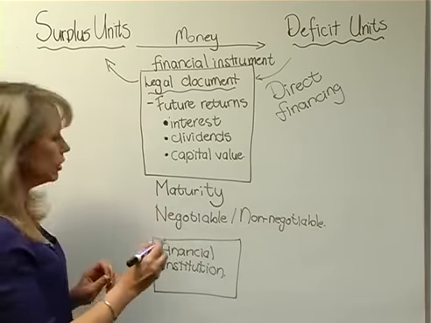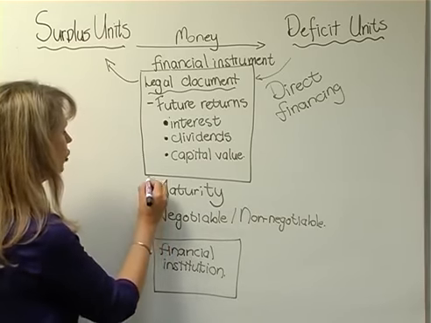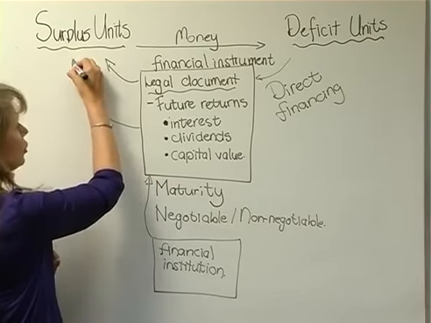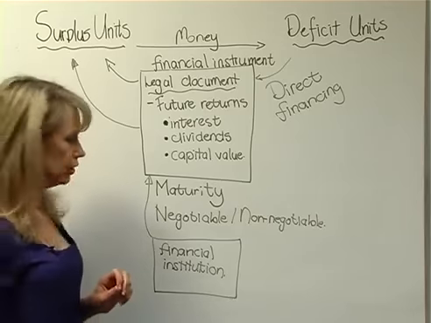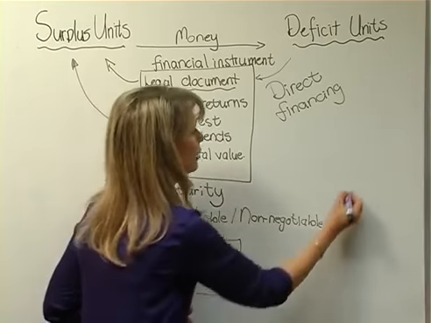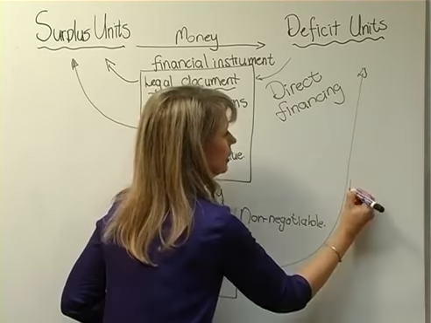So then the financial institution will issue the financial instrument which the surplus unit then buys from the financial institution, and then the financial institution will give the funds to the deficit unit.